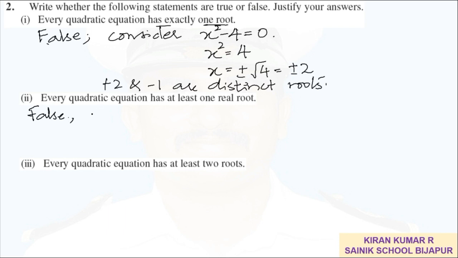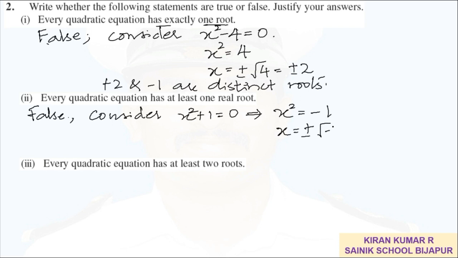Let me give an example. Now let me consider, say, x squared plus 1 equal to 0. This implies x squared equal to negative 1. So x will be plus or minus root of minus 1. This particular number is not real.